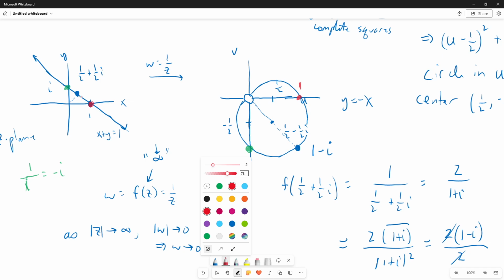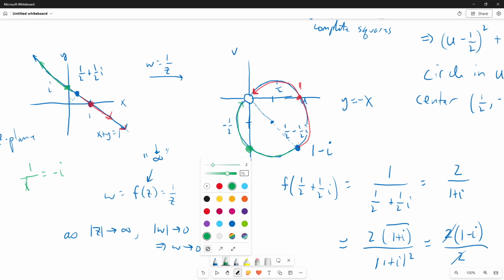So this ray is going to map to this circular arc, and as the z here goes off to infinity, the 1 over z will head towards 0. So this arrowhead on the ray corresponds to this arrowhead on the circular arc. And then on the other side, this ray will map to this semicircular arc right there.